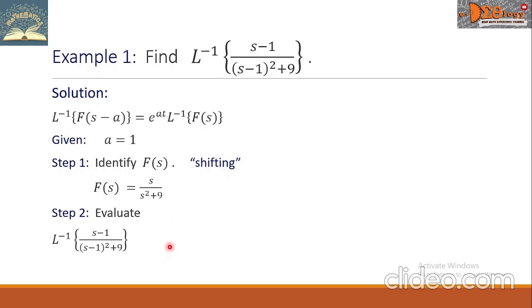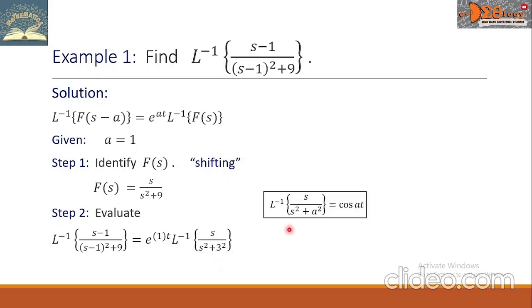The formula is e raised to 1 times t times the Laplace inverse of s all over s squared plus 3 squared. In our formula, the Laplace inverse of s all over s squared plus a squared is equal to cosine at. So the final answer now is e raised to t times the cosine of 3t.